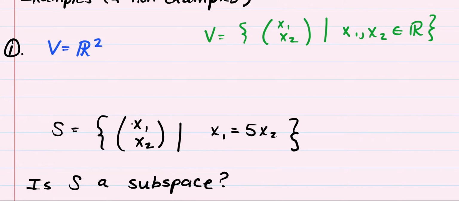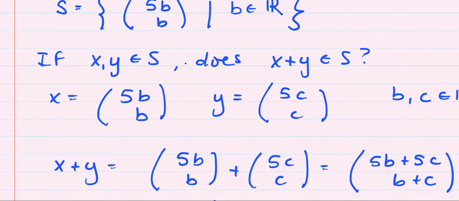Now we showed that this was a subspace. And you can see that the vector 0, 0 passes this rule. If you plug in 0 here, you get 0. But just because the 0 vector is in here, that doesn't make it a subspace. You have to still check that it's closed under addition and scalar multiplication. So it's not enough to just say, oh, the 0 vector is in there, so it's a subspace. You can't do that.